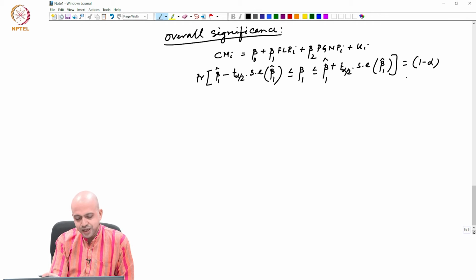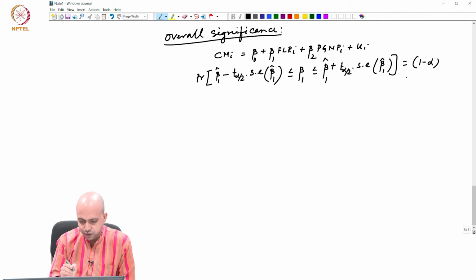So we construct the interval and see whether the interval captures the hypothesized value of the true population parameter. That is how we check the individual significance of the variable.